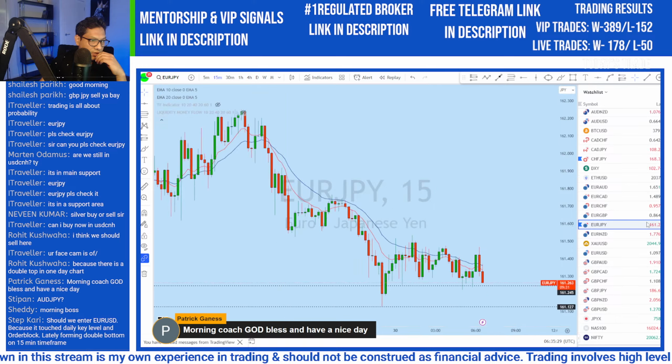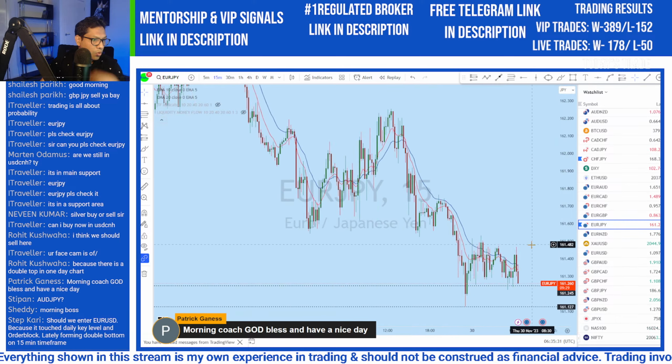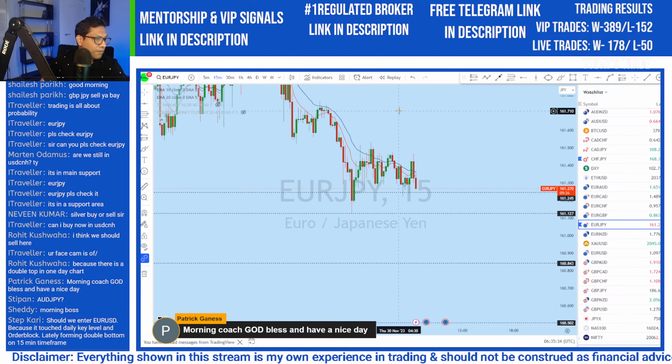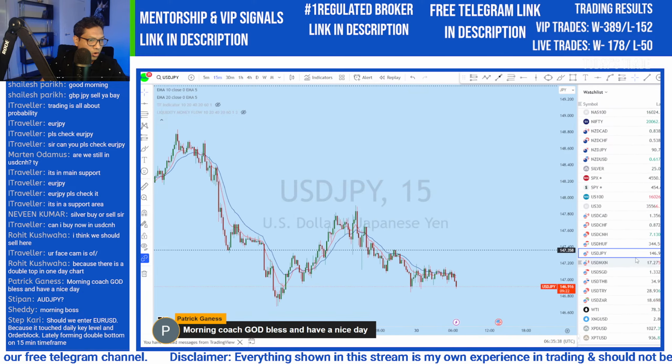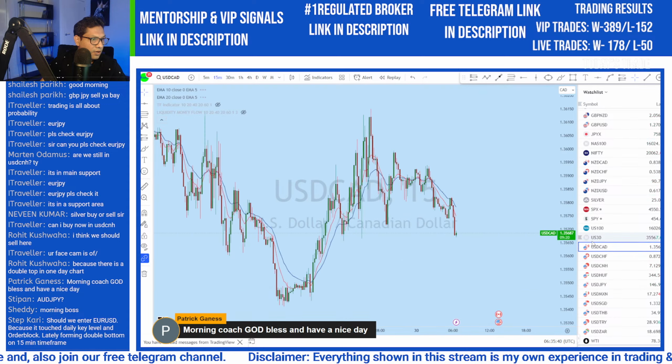So with that, EURJPY, it's still maintaining that downtrending market structure. If we look at the dollar yen also, we see some kind of downtrend.